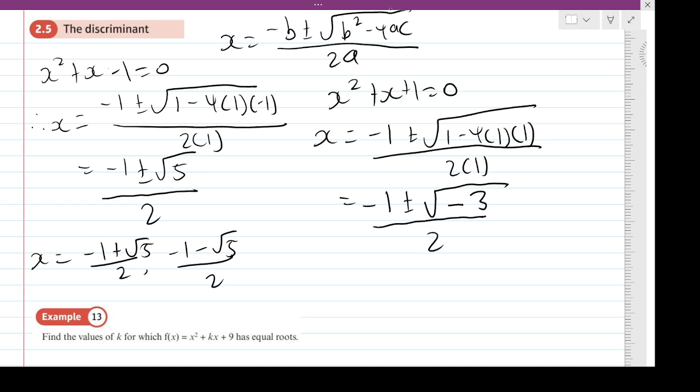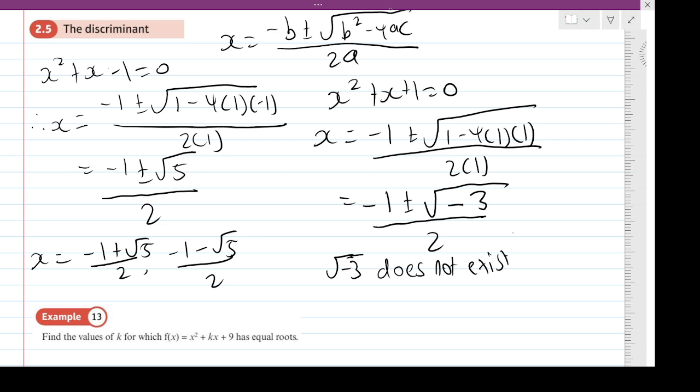Hang on. So what problem have we got here? Well, we have a negative under a square root, and you should know that the root of a negative number does not exist. I know there are probably some other maths students saying, well, yes there is.